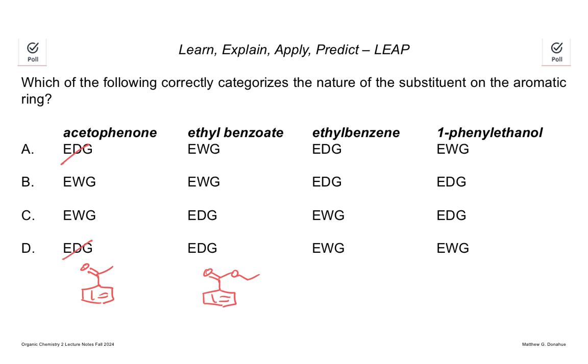So there's ethyl benzoate that has a carbonyl. That's electron withdrawing, so we can eliminate C. And then we'll see that B is the correct answer, but let's go through and verify. Ethylbenzene, we have an alkyl group. That's electron donating through induction. And then 1-phenylethanol.